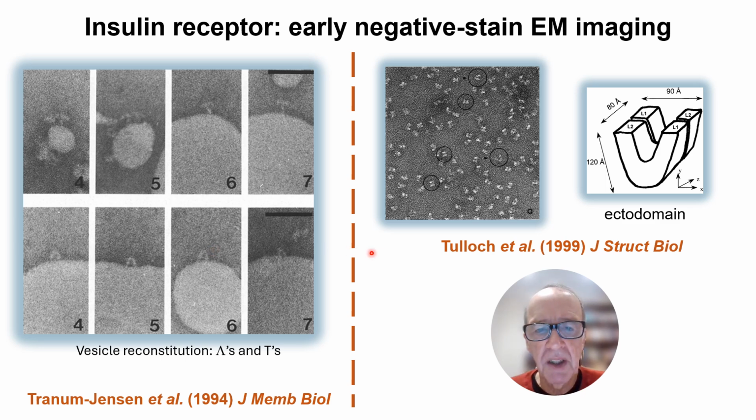In a separate study by Tulloch et al. at CSIRO, undertaken when I was working at CSIRO, they discerned two views of particles, one of which was, again, the V-shaped particle seen over here, and the other of which was this pair of parallel bars that they deduced was a top-down view of the V shape.